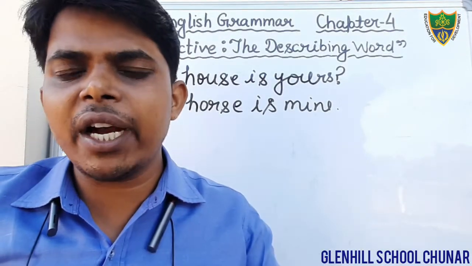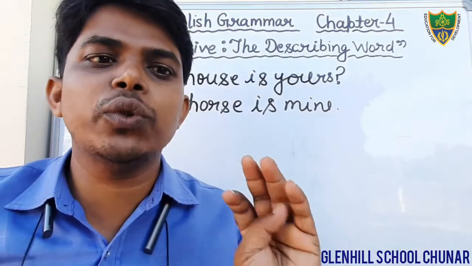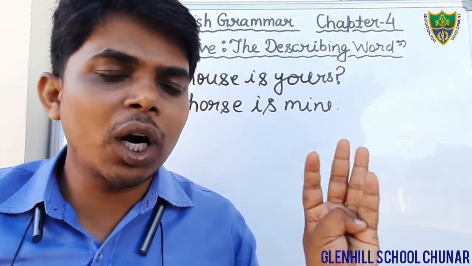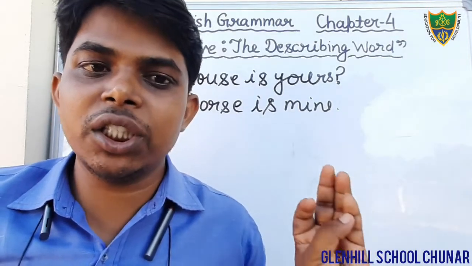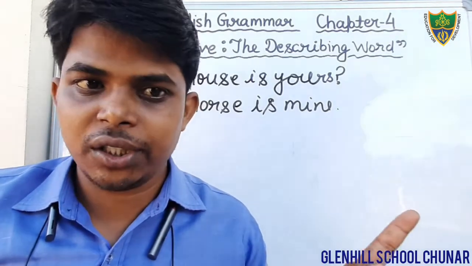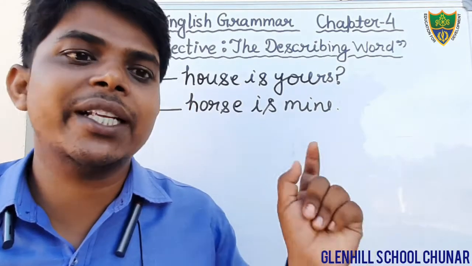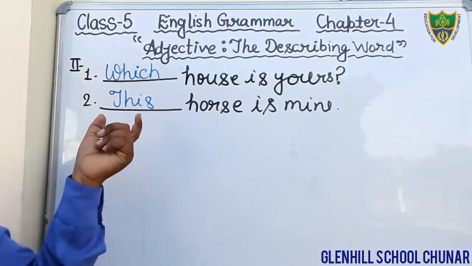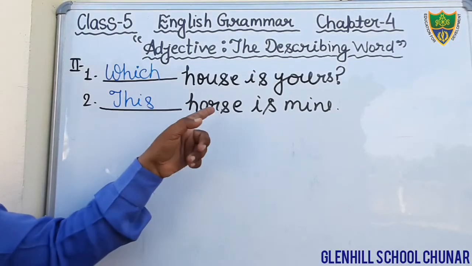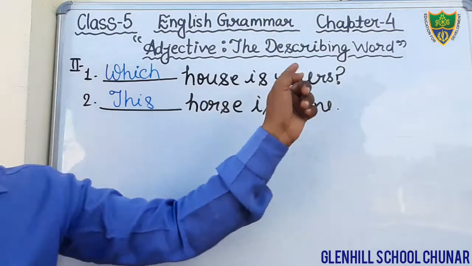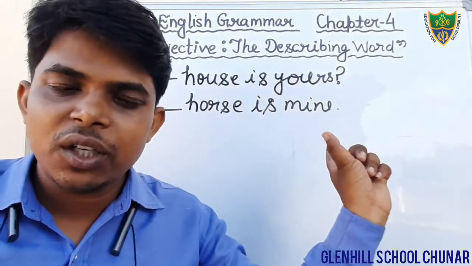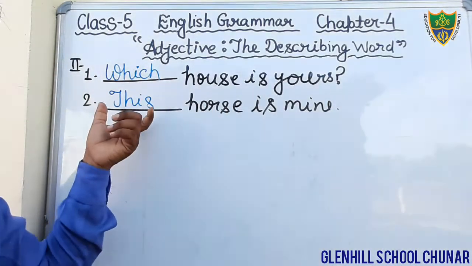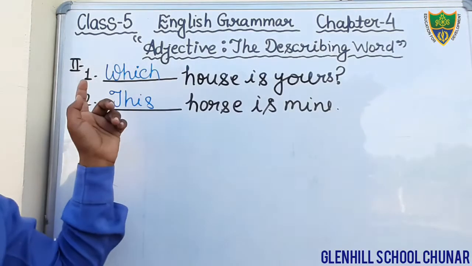I have told you that in demonstrative adjective we show something, we point out something, and the words this, that, these, those, and such we use as demonstrative adjectives. Here we are using the word this to show the horse. This horse is mine. So the word this we will fill in the blank.